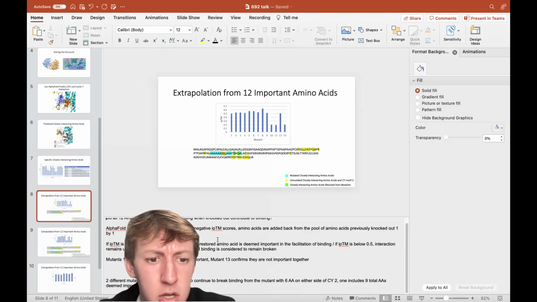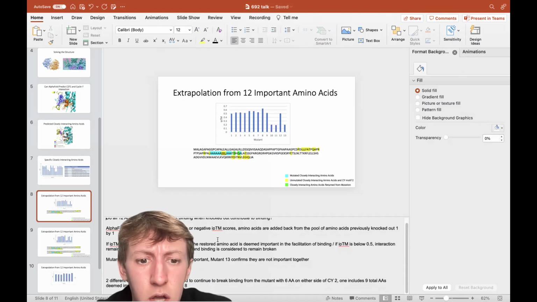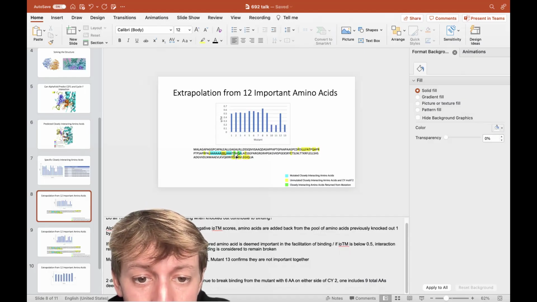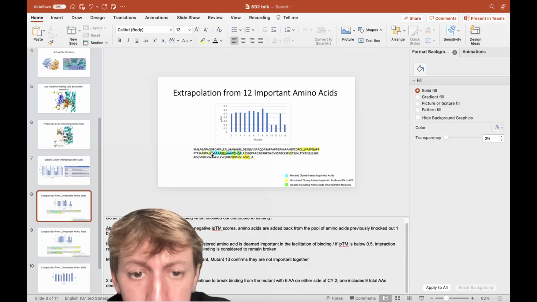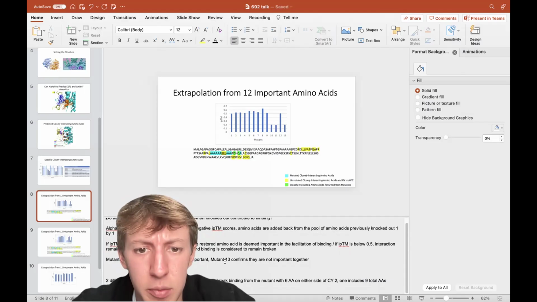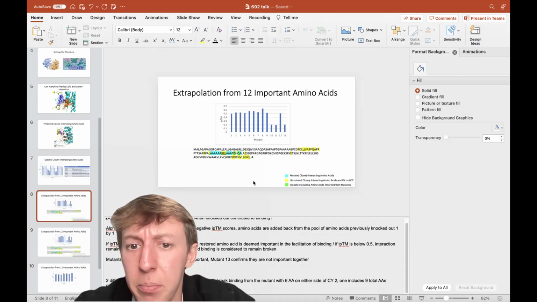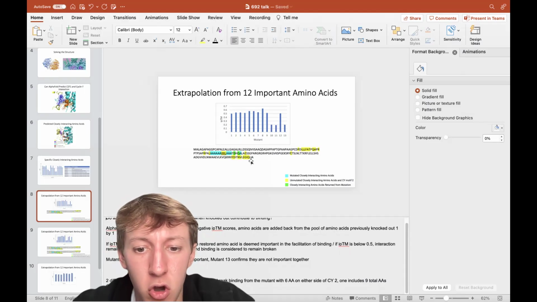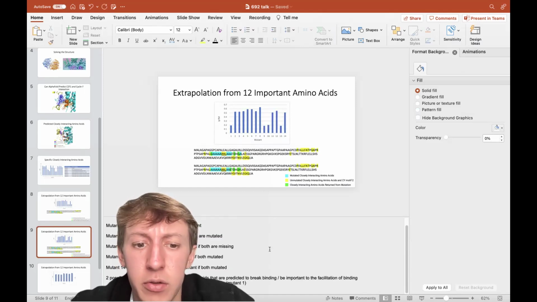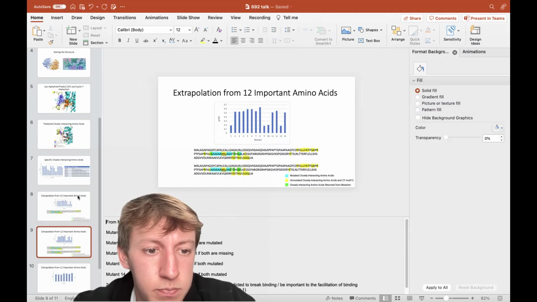And so from this, mutants 10 and 11 predict that the amino acids aspartic acid and glutamine, as shown in the primary sequence on the slide, are not important to facilitating binding. And then mutant 13, in which both of these are returned together, confirms that they are both not important.